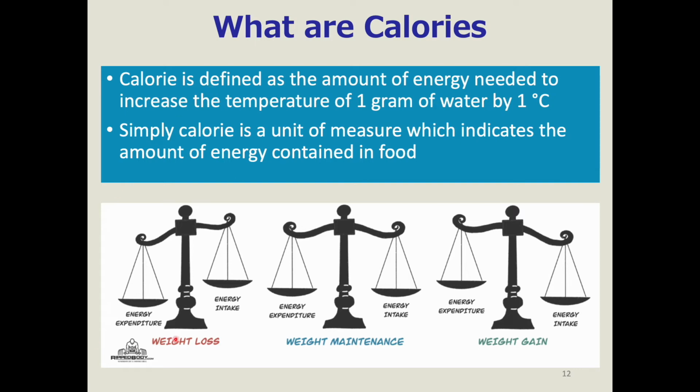When we consider weight loss, if our energy expenditure is more than energy intake, then we will be able to lose weight, and we will maintain weight if our energy expenditure balances the energy intake, and weight gain will happen when our energy intake is more than energy expenditure.